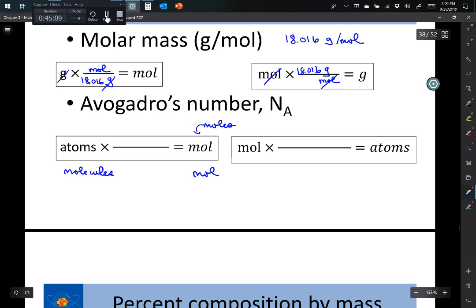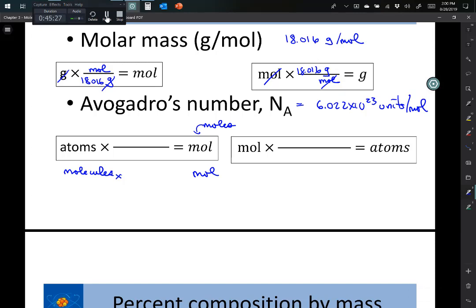If you remember, Avogadro's number is 6.022 times 10 to the 23rd units per mole.